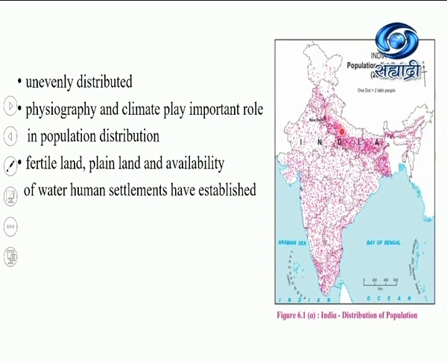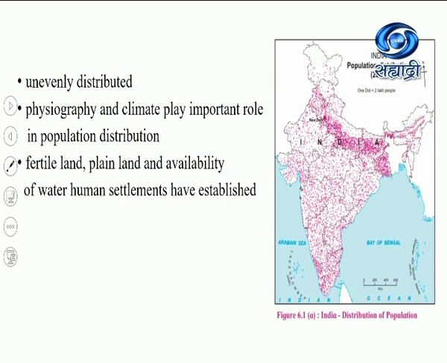As already discussed, the northern Ganga plain region has fertile land, as river Ganga and its tributaries have brought so much sedimentation and settled it in this plain region, so the land becomes fertile. It's a plain land, and thus agriculture is done on a larger scale, so population concentration can be found. Availability of water and human settlements is also established in this region.